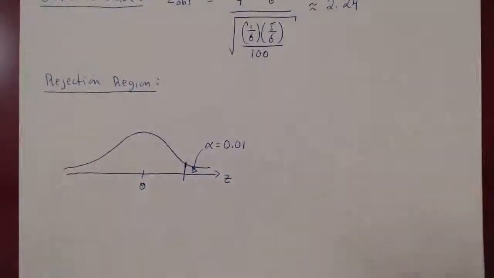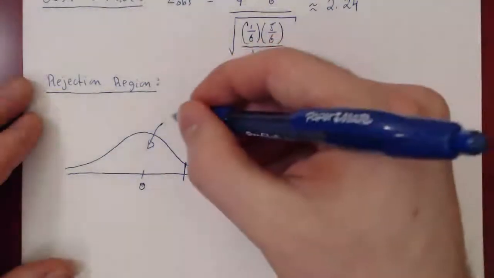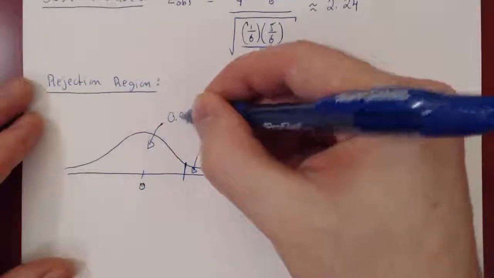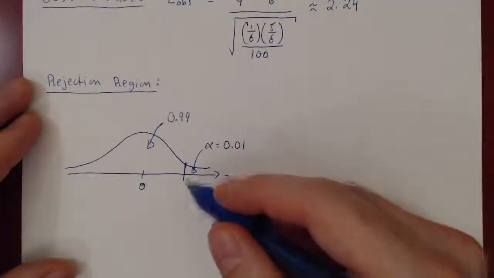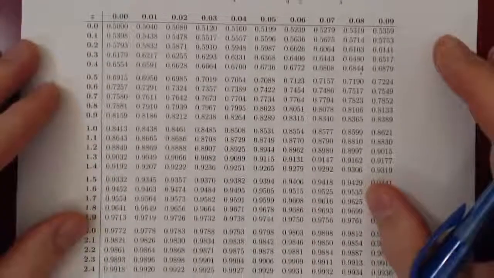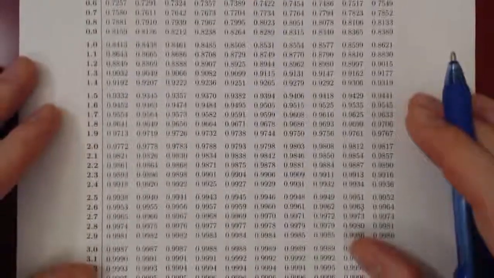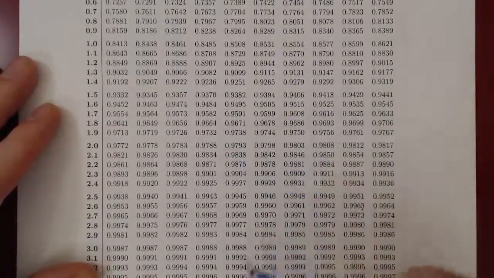If you prefer, since our table of the normal distribution gives you the area to the left of a point, if to the right we have 1%, to the left we have obviously 99%. So let's find the z-score from our table of the normal distribution. The area below our z-score was 99%, so 0.99. So let's hunt in our table of probabilities for the probability closest to 0.99.